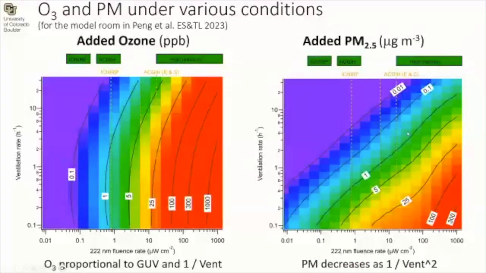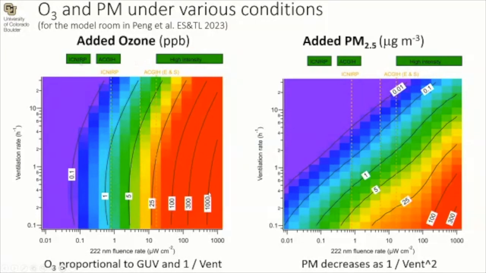Then we can use this model to simulate ozone and particulate matter increases relative to lamp off conditions at different ventilation and GUV fluence rates. Here are the results, as well as different exposure limits and typical fluence rate ranges for operation.